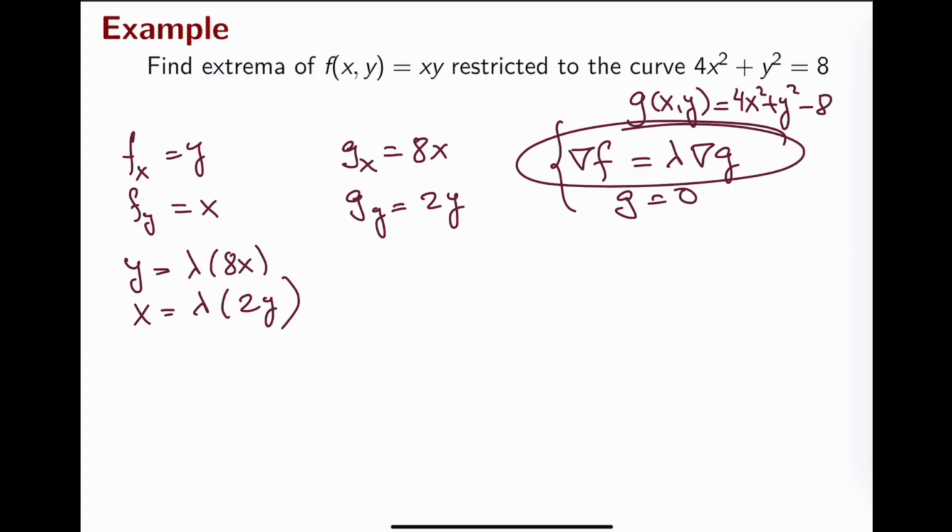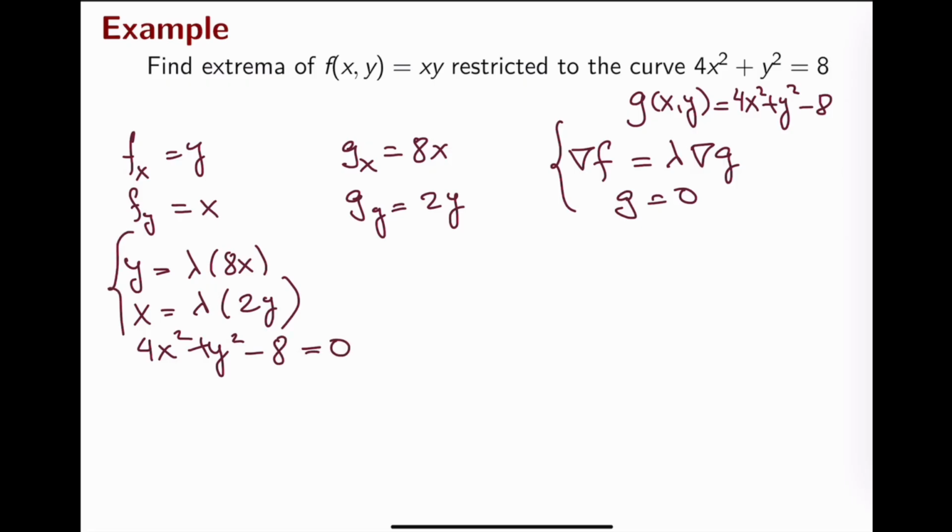These are the equations given by the gradient equal to a multiple of the other gradient. And then the last one will be g equals 0. G is this, so the last equation will be 4x squared plus y squared minus 8 equals 0. This is the system of equations that we have to solve to find the candidate points.